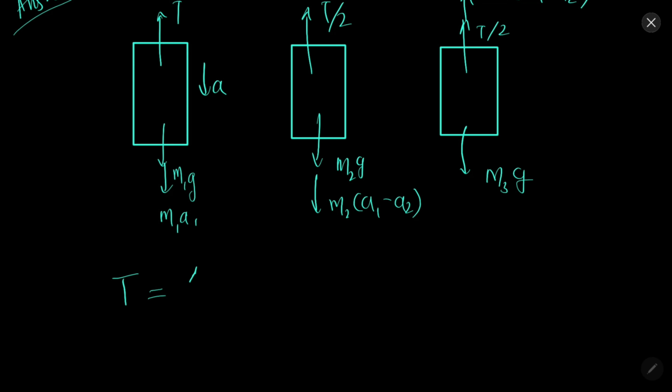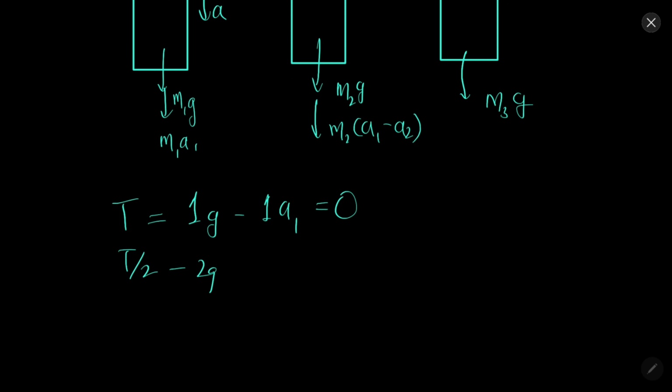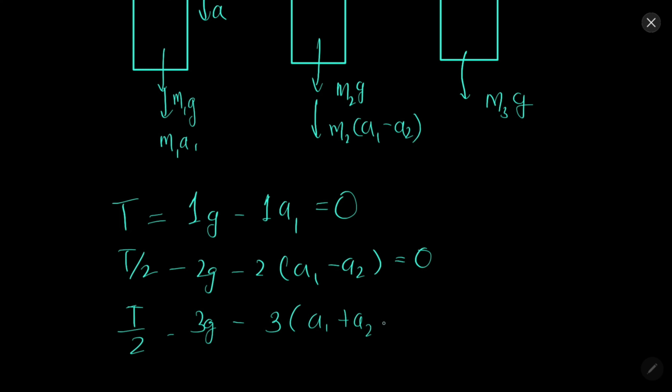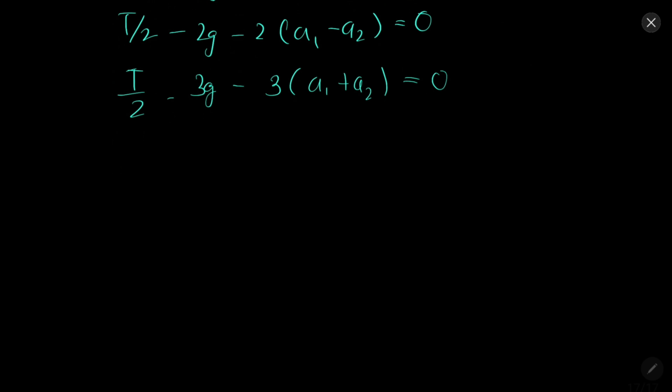Okay, so I am putting the values. So T minus 1g minus 1a1 equal to 0. Then T by 2 minus 2g minus 2 times a1 minus a2 equal to 0. T by 2 minus 3g minus 3 times a1 plus a2 equal to 0.